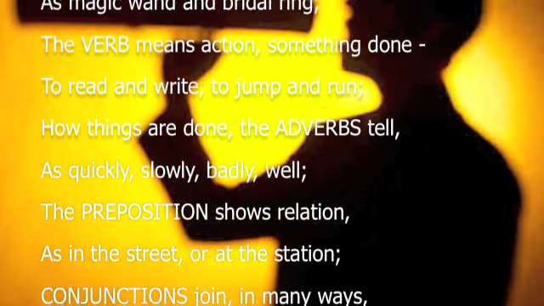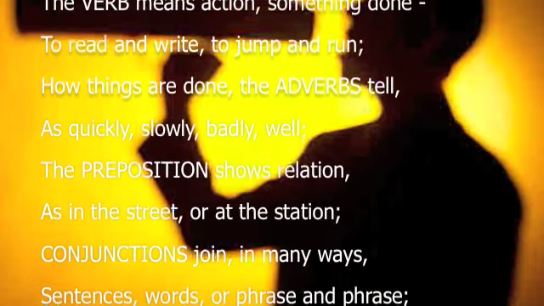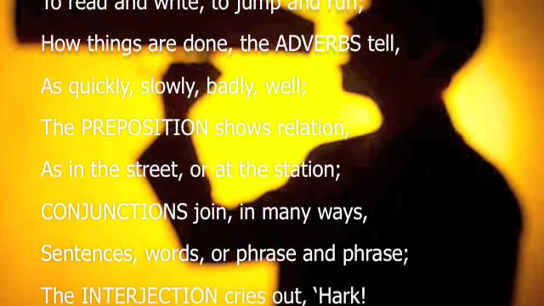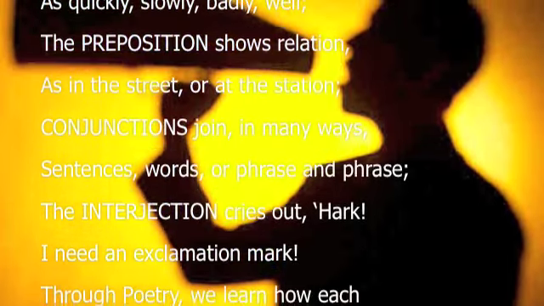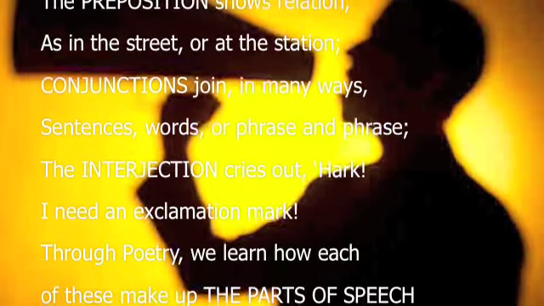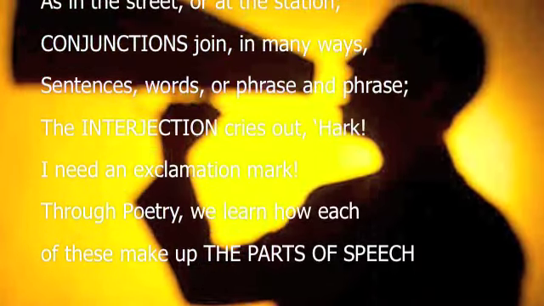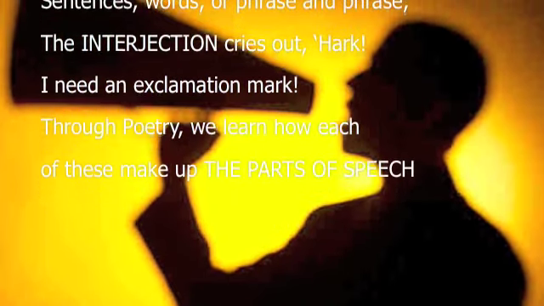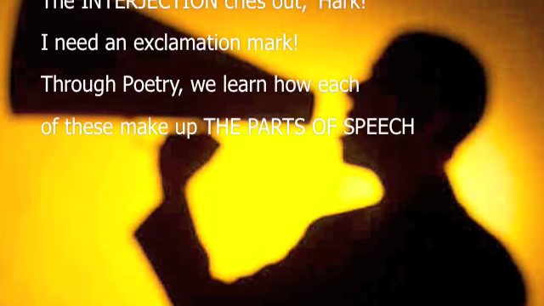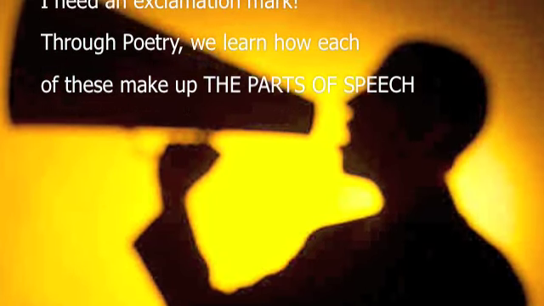How things are done the adverbs tell, as quickly, slowly, badly, well. The preposition shows relation, as in the street or at the station. Conjunctions join in many ways, sentences, words, or phrase and phrase. The interjection cries out, "Hark! I need an exclamation mark." Through poetry, we learn how each of these make up the parts of speech.